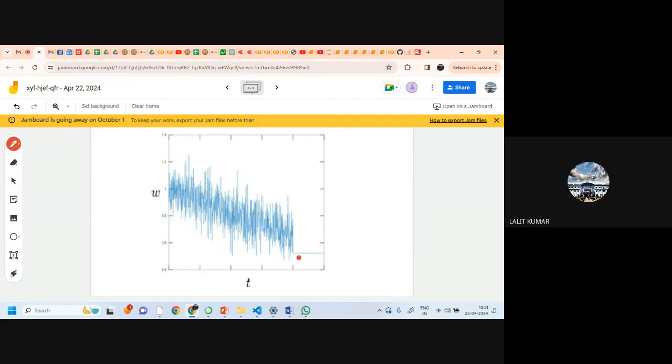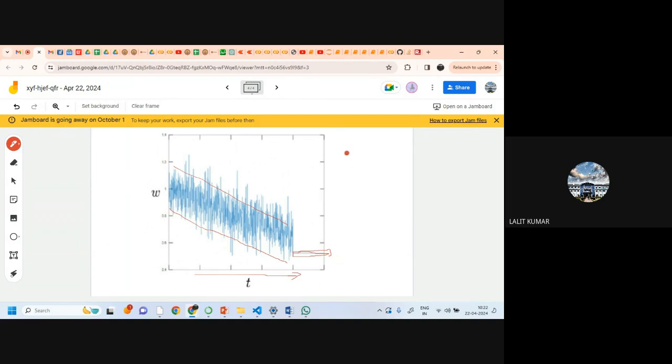We can see that after some iterations, the value of W has become stable, right? Here it is getting trained, and after some iterations, the number of iterations they have not given, it has become stable. When does it become stable?